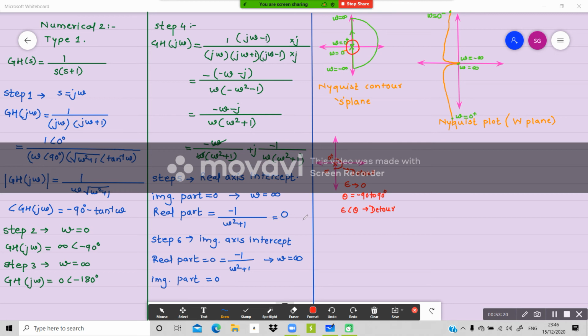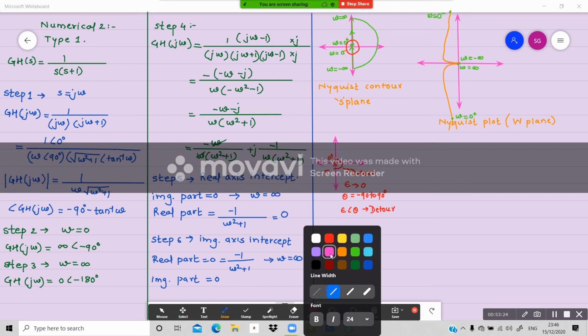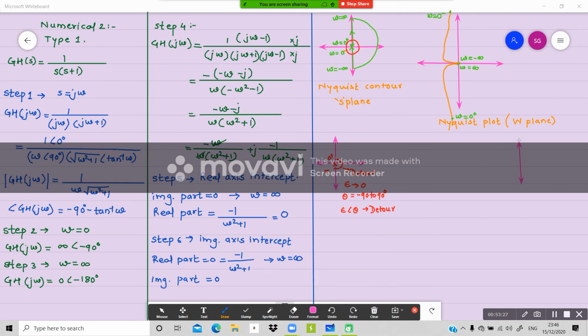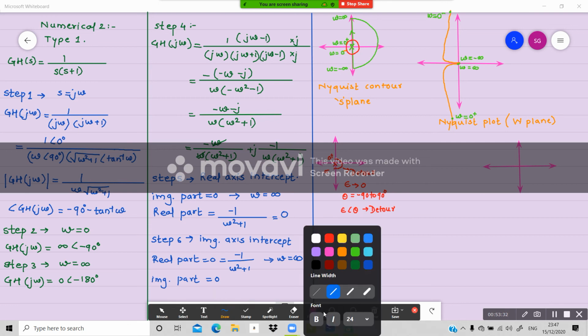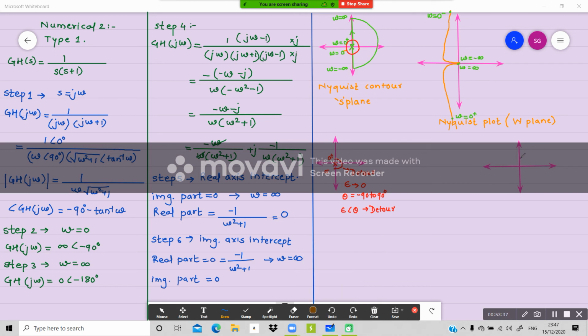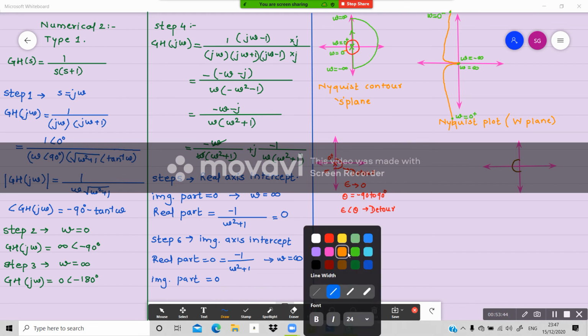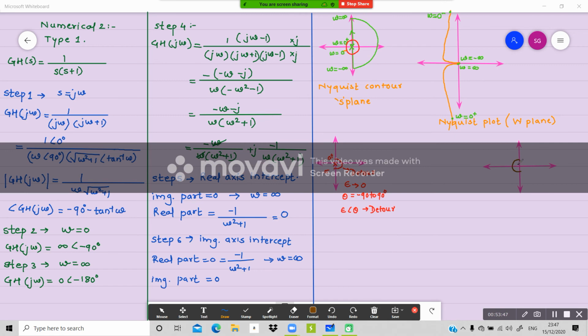Fine? I will explain both the conditions. In one, you complete the detour from this side, or the second condition is you complete your detour on the other side. Let me draw it with some different color. Let us say I am completing it on this side. Fine, no problem. Ultimately your answer will be the same. When you are completing from this side, you are considering the positive side.